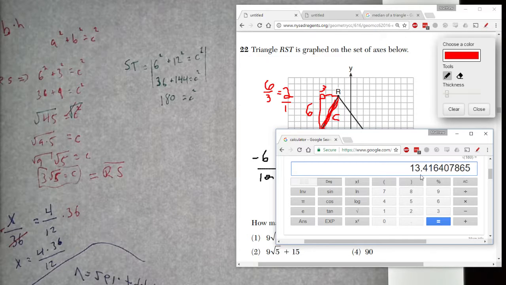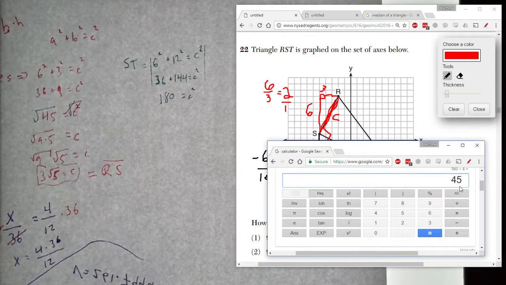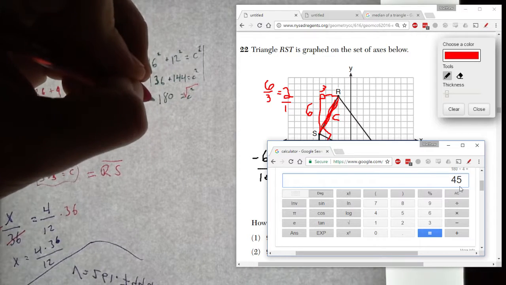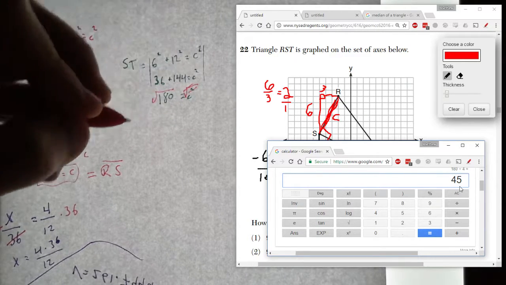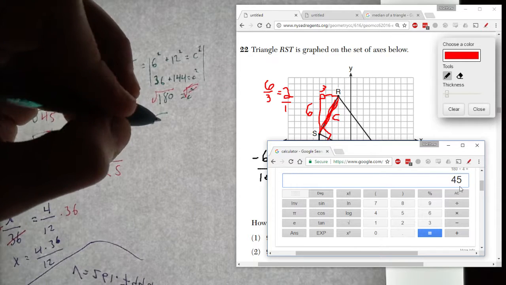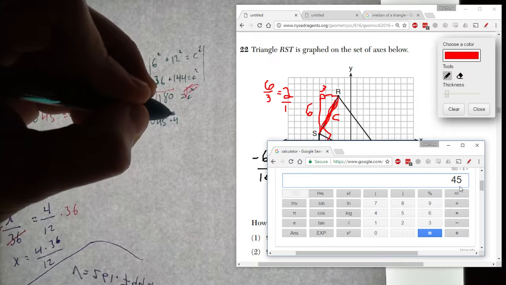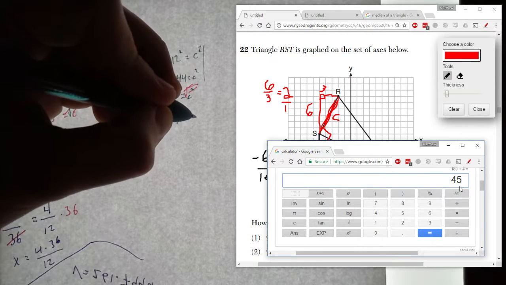So now I'm going to do the square root of 180. And again, it's not a nice number. So let's try, what about 180 divided by 4? Is that a nice number? Woo! Look at that. It sure is. So I'm taking the root of both sides. The 180 I can rewrite as root 45 times 4 is equal to c.